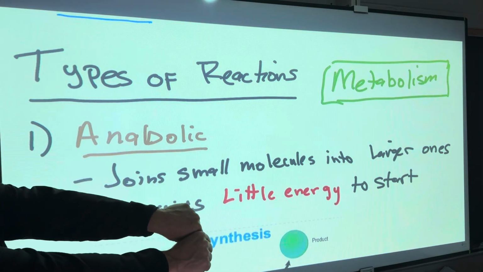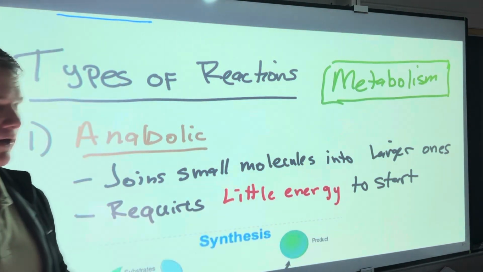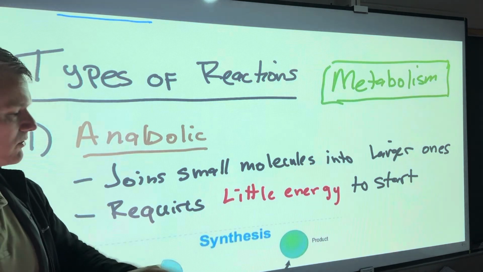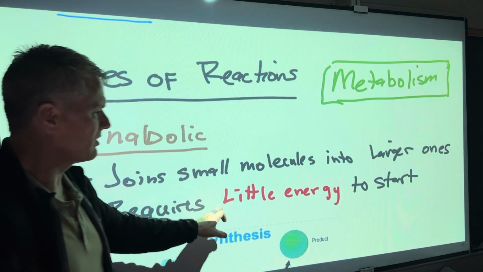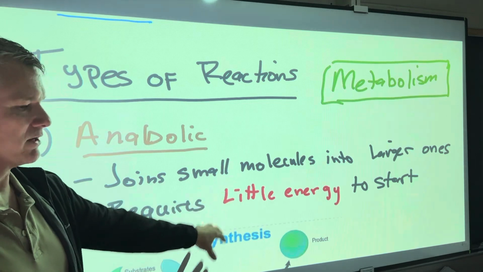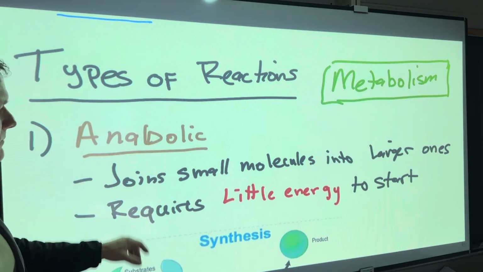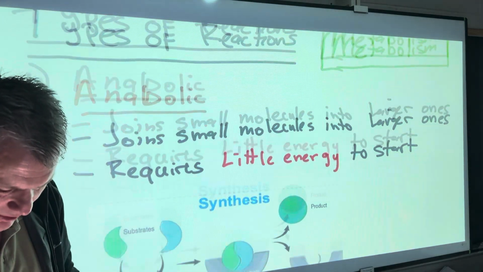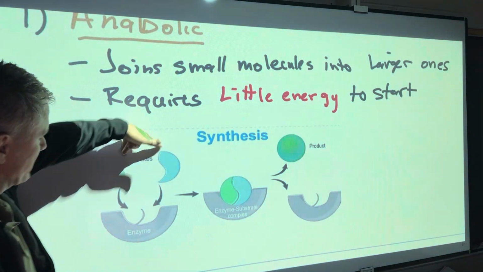So they're building up. And so this is always going to require a little energy to start, right? Keep in mind it is going to need a little energy to start. It's called activation energy, but once it's used, the reaction will go. Now, you're joining small. So you can see here's your substrates coming in.